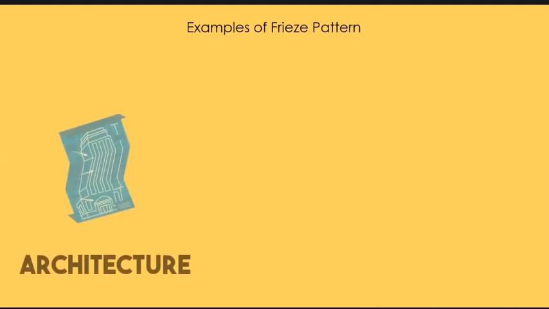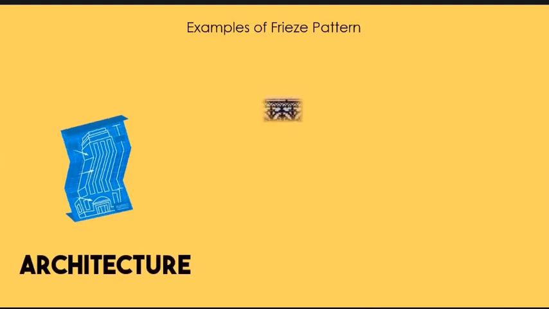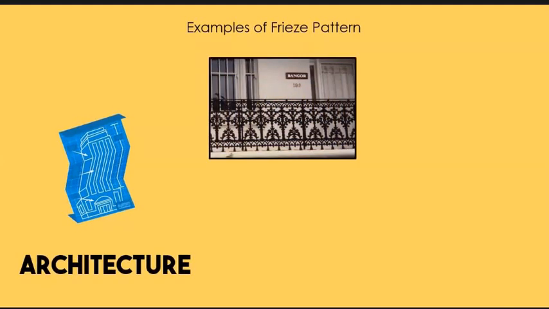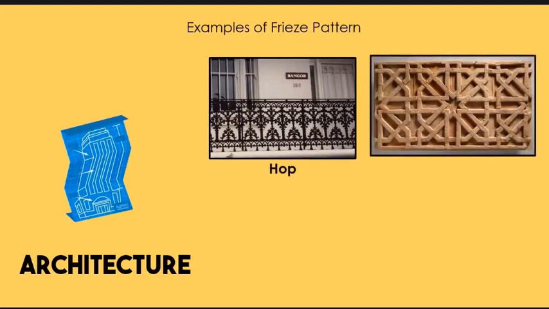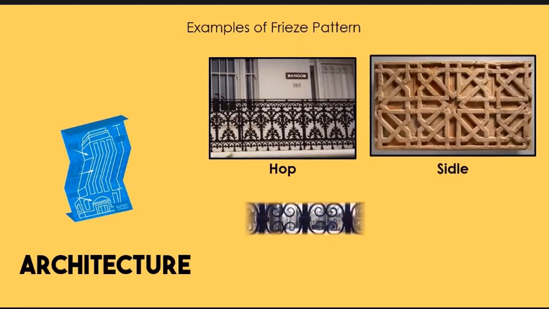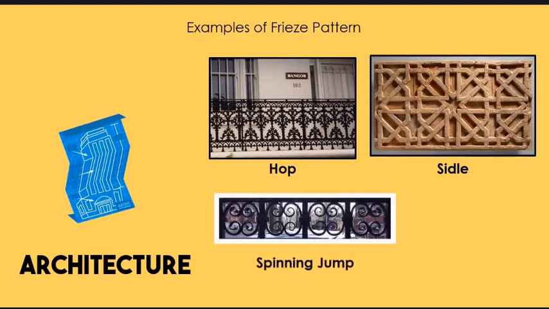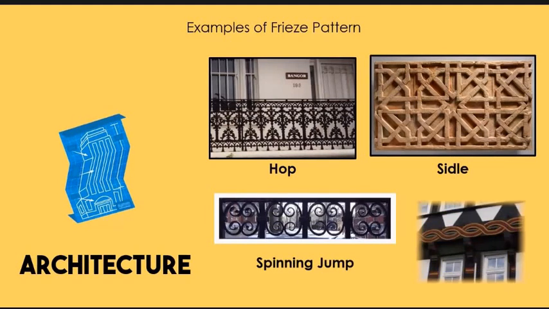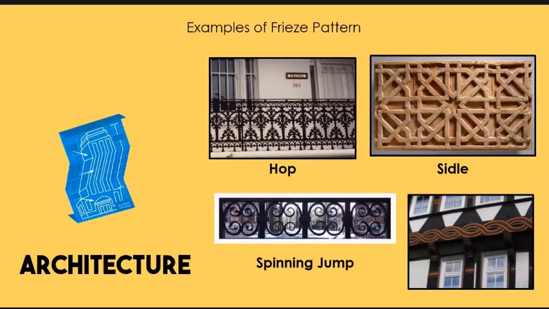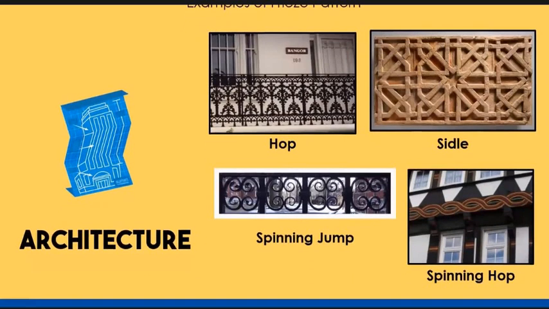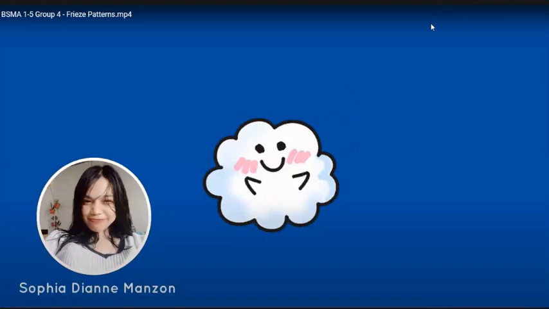Now, coming into architecture, we have Maclay's cast iron product, which is an example of a hop pattern. Tepe Madrasa Mosque, which is an example of a sidle pattern. An iron fence showing a spinning jump pattern. And last but not the least, the timber frame house in Germany, which shows a spinning hop pattern. Thank you for listening.